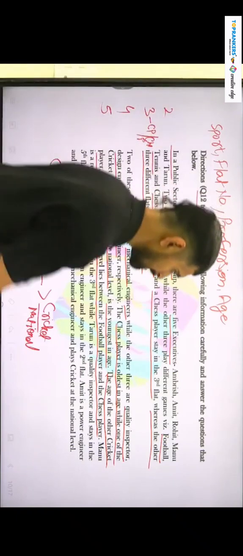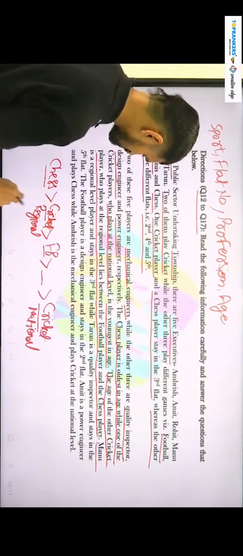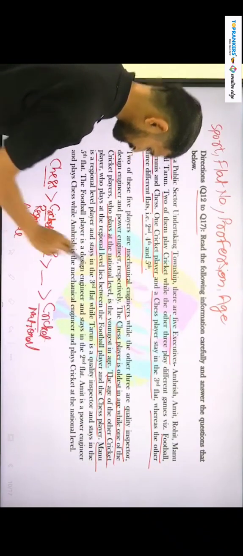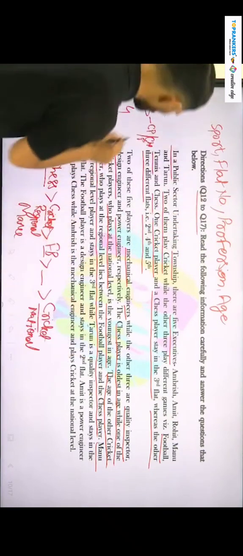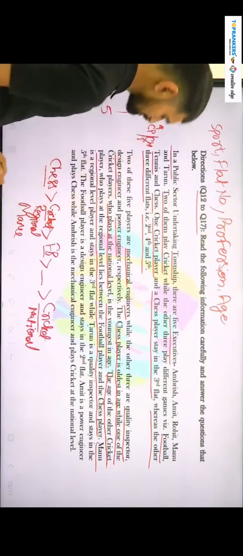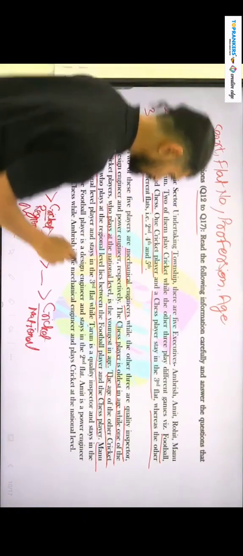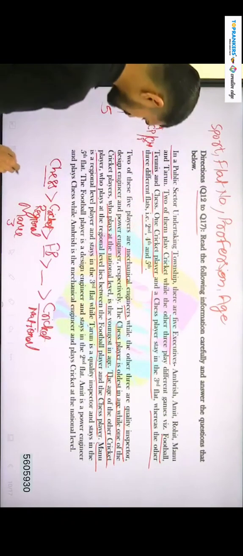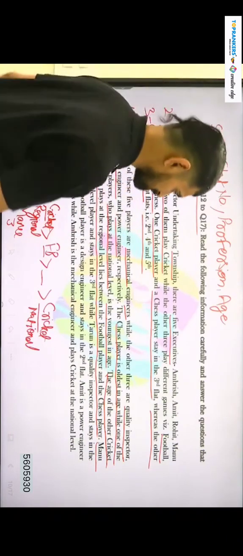Clear? Now, Manu is the regional level cricket player and stays in third flat. But I also know that the chess player also lives in flat number three from the above paragraph.